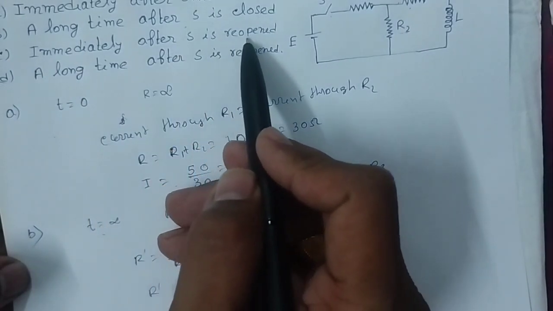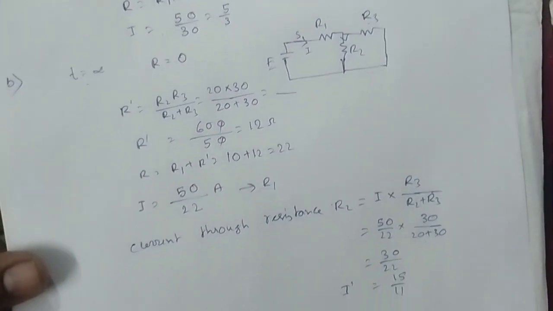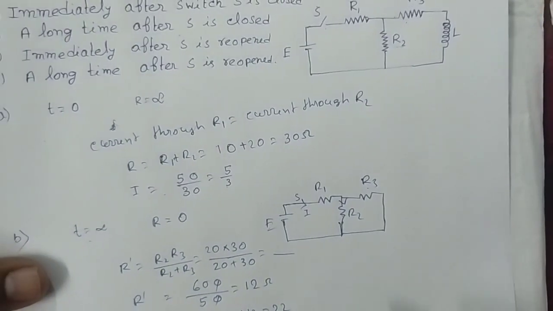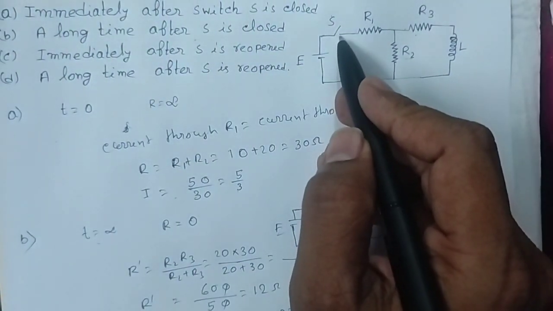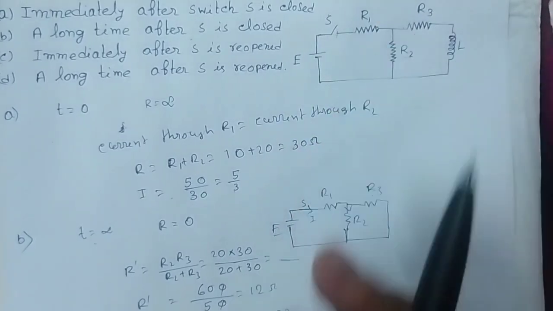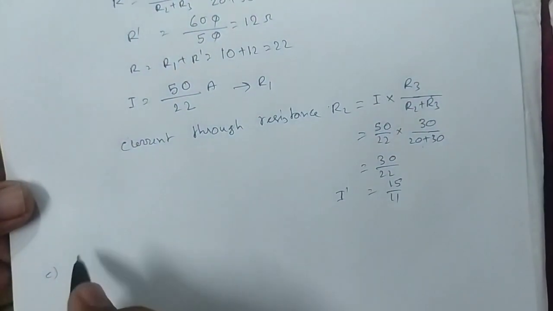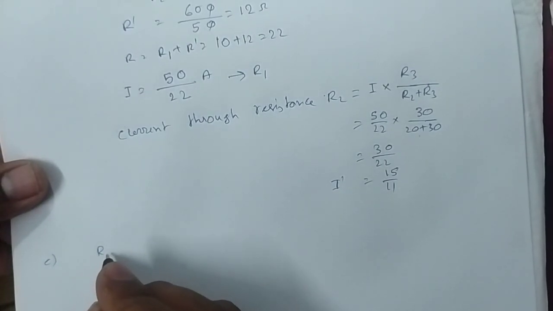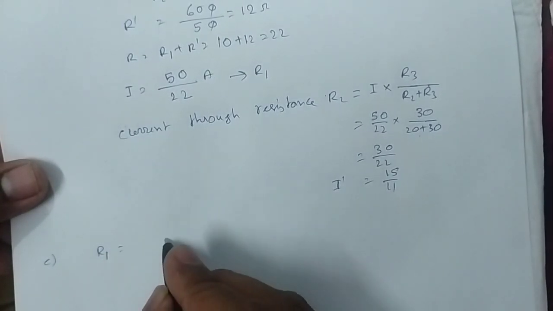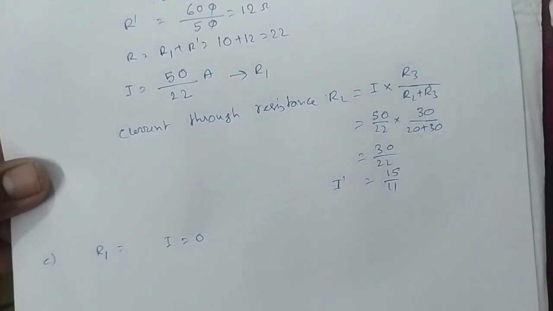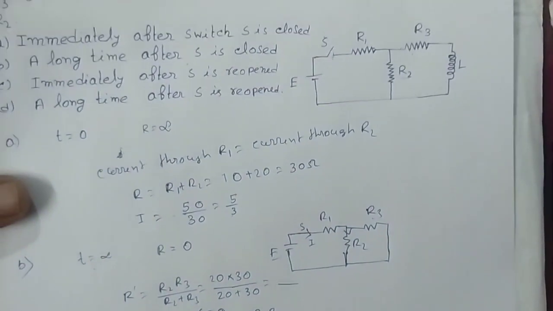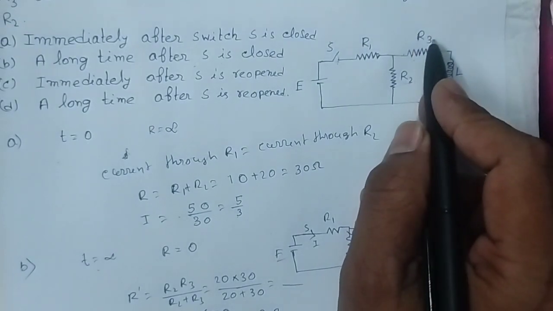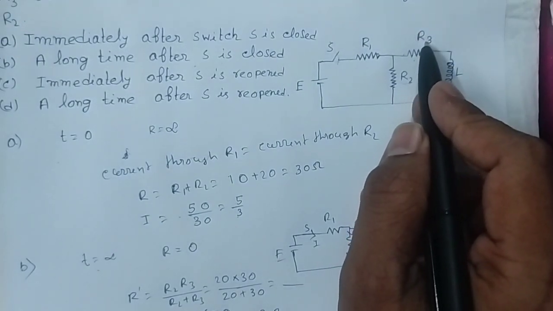Now in the third case, immediately after S is reopened, the current through the resistance R1 is equal to 0, and the current through the resistance R2 is equal to the steady state current through the resistance R3.